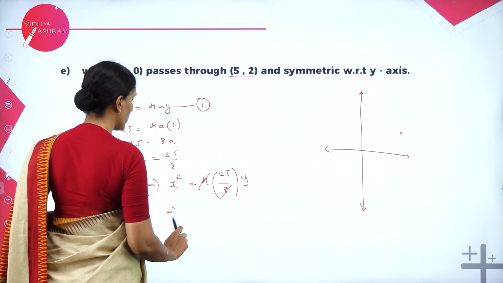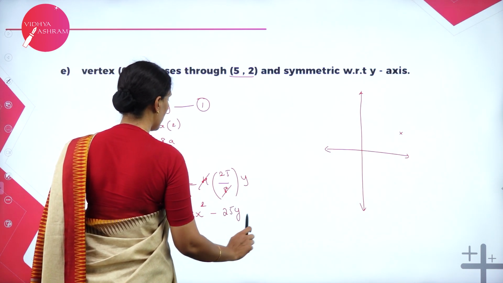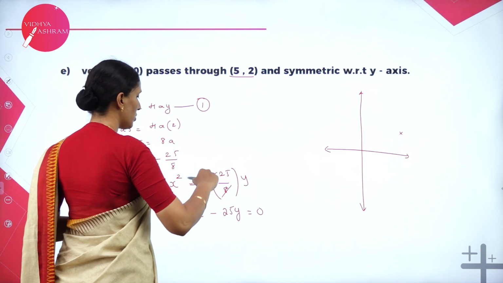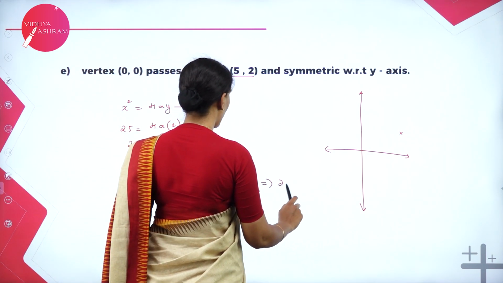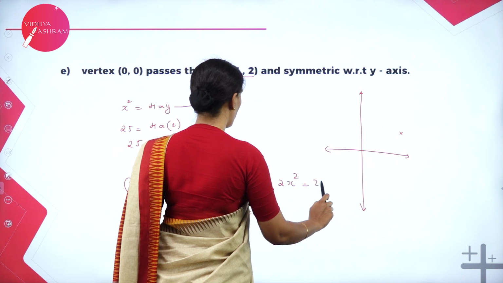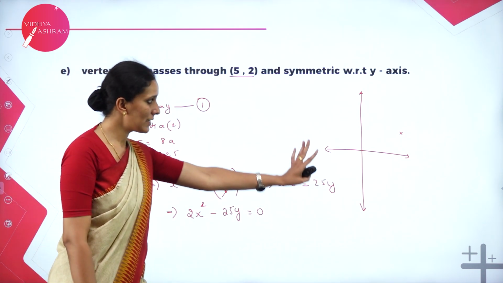So we'll get the equation as 2x square minus 25y is equal to 0. So we can also keep it in this form, that is 2x square is equal to 25y. So all these represent the same equation of the same parabola.